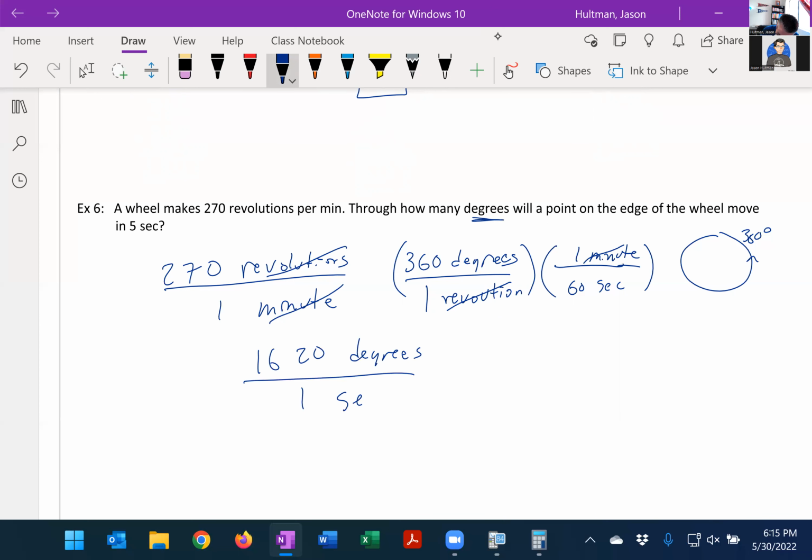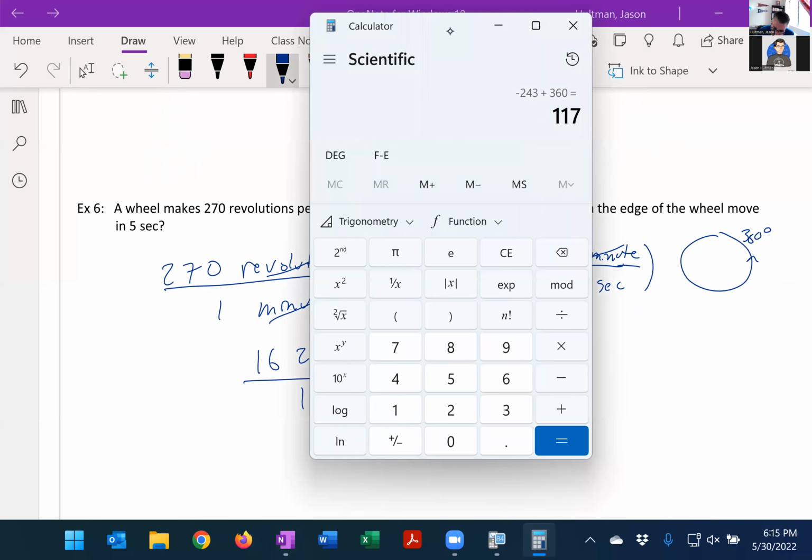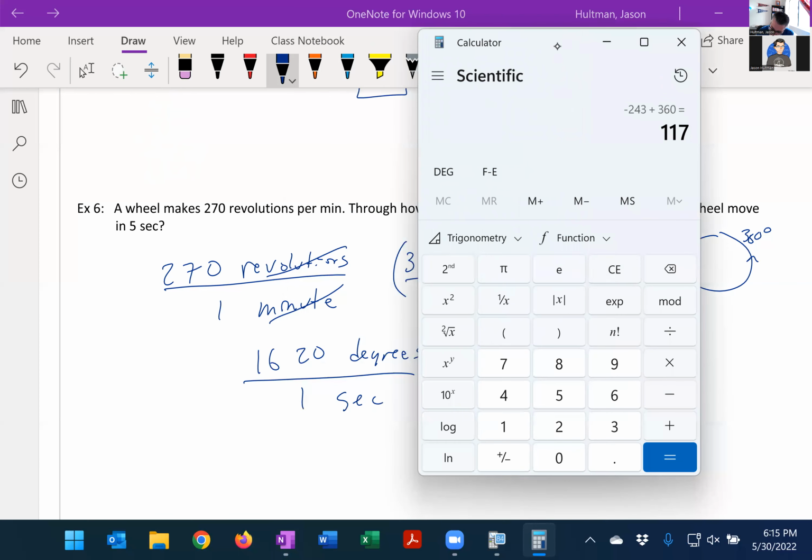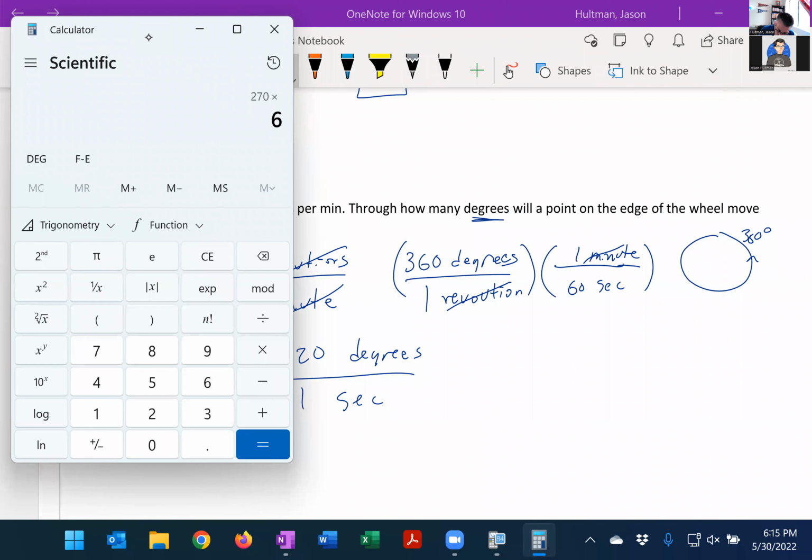in 1 second. Okay, so if I multiply this all out and divide, I'll show you. This is 270 times 360 divided by 60, which is 1620.